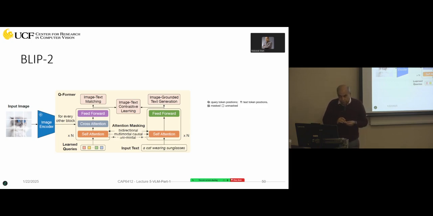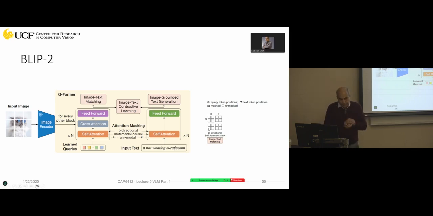So now, an important concept here is how they are using this attention. As I told you, there are these query tokens and there are text tokens. We will represent the tokens with a mask, with filled-in squares and unmasked like this. Let's assume we have 2 query tokens and 2 text tokens.